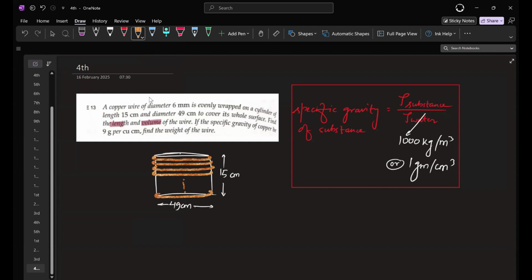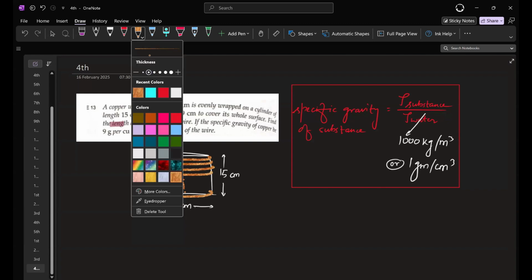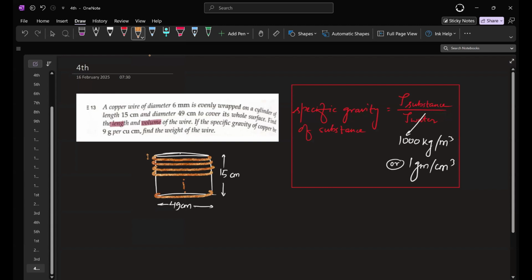The diameter is given for the wire as 6 millimeters. It means if we look at a cross section of the wire, this diameter is 6 millimeters.